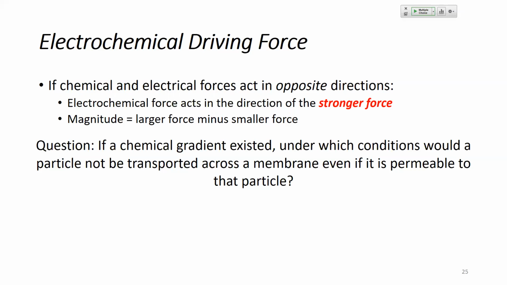Okay, so let's see. What are some thoughts about this question? What are we thinking? If a chemical gradient existed, under which condition would a particle not be transported, even if the membrane is permeable to that particle?